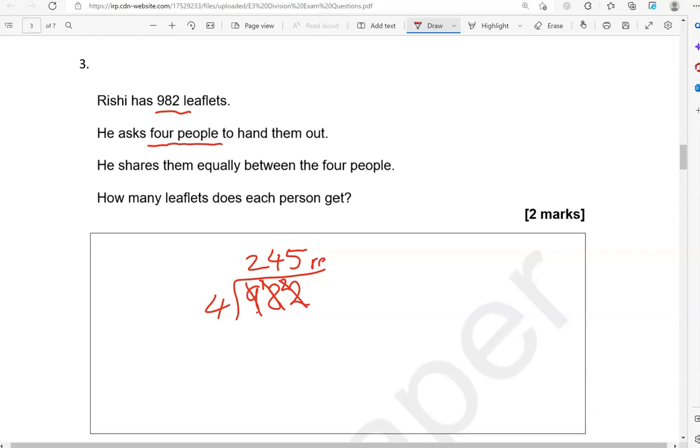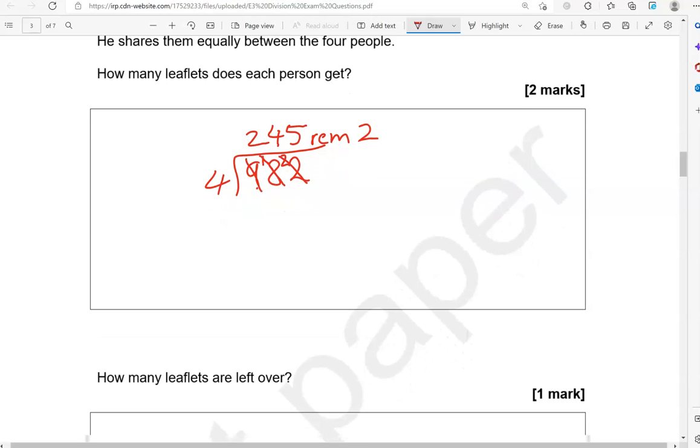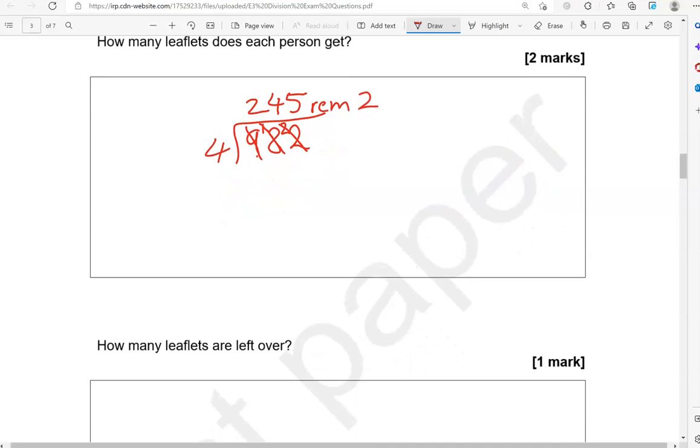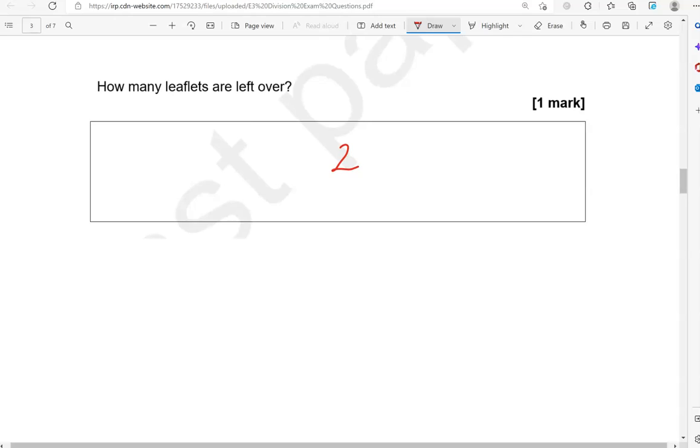So we have 2 remaining. So that is 245 leaflets. And how many leaflets are left over? That is 2 of them.